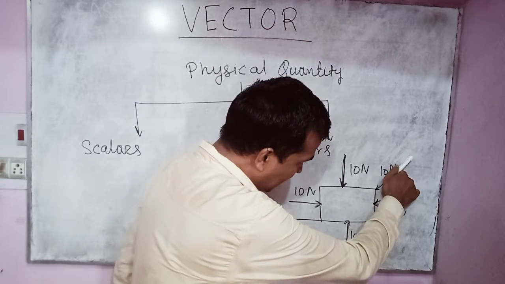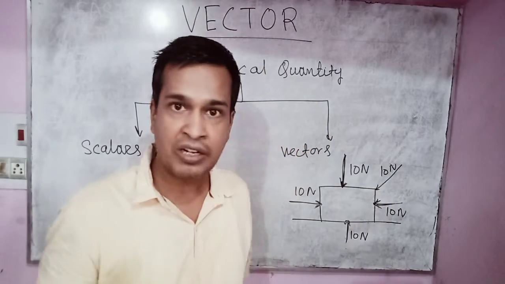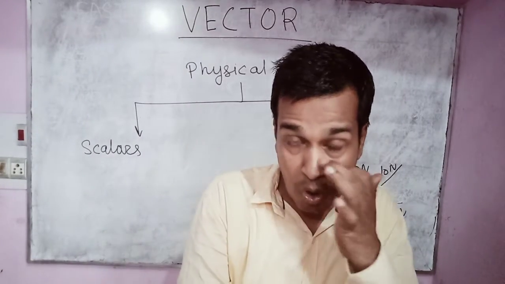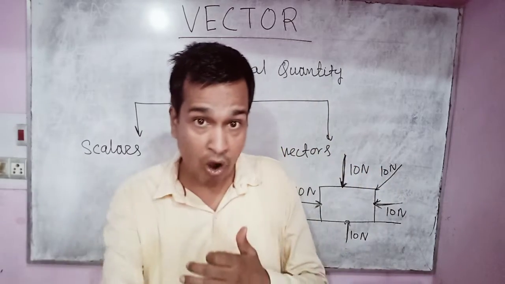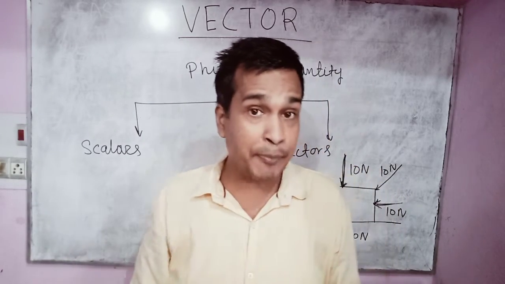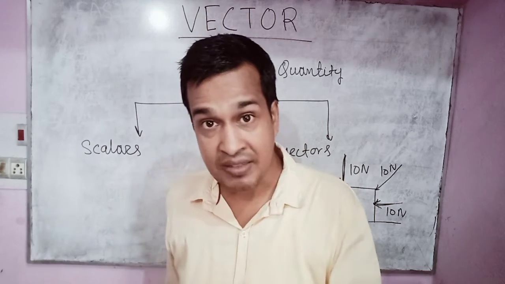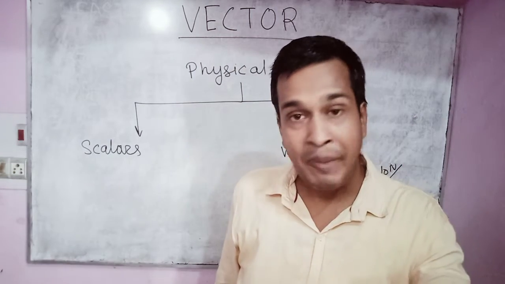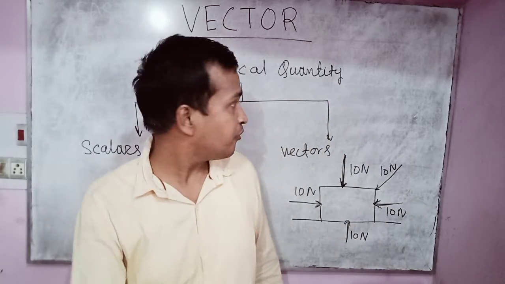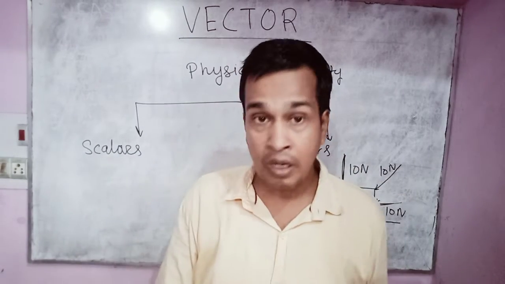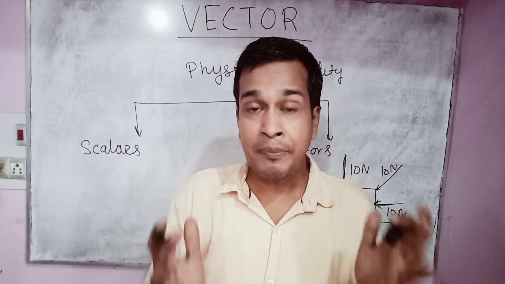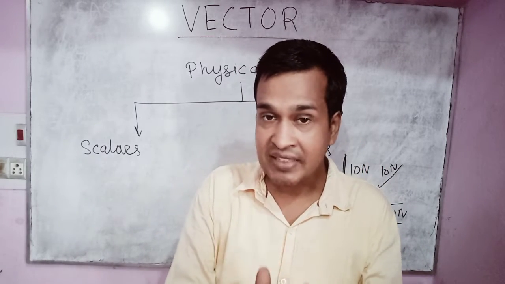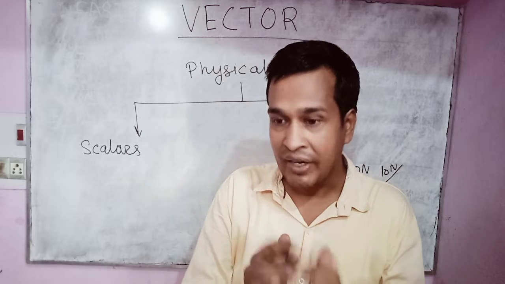So by changing the direction, the impact of the force also changes. So to describe the force, we must mention the direction of the force along with the magnitude. So all these types of physical quantities, to describe which the direction is also needed along with their magnitudes, are called vector physical quantities.